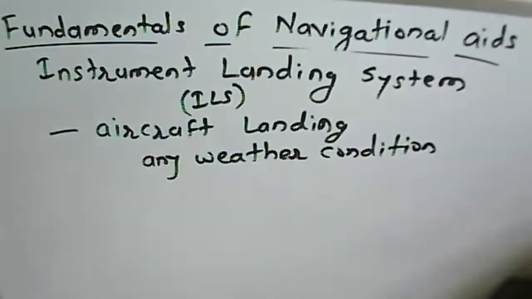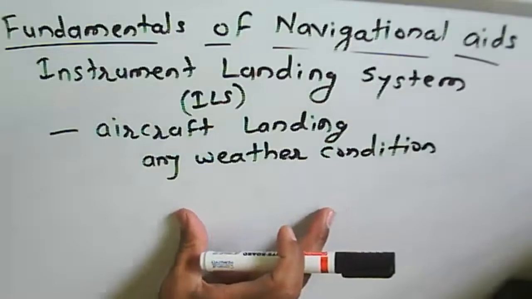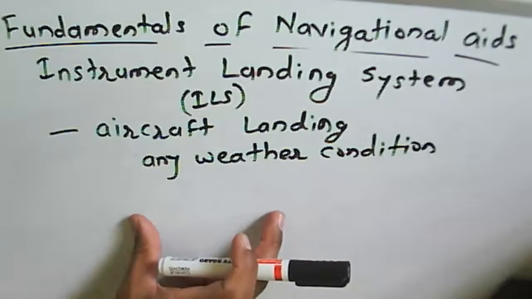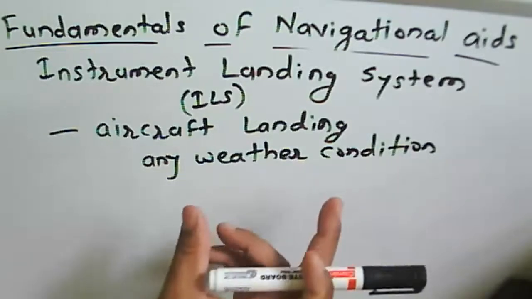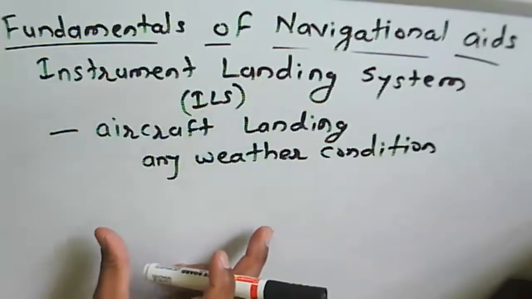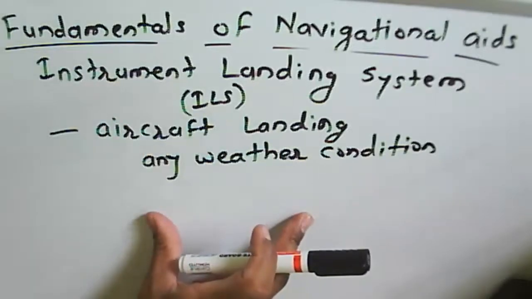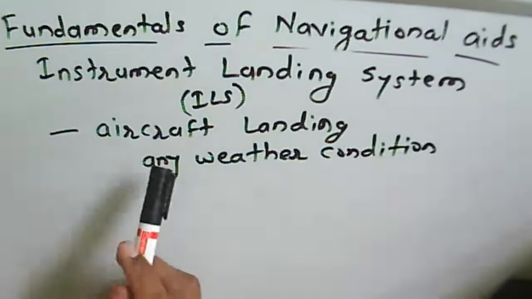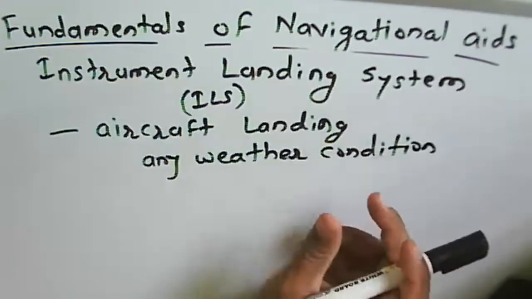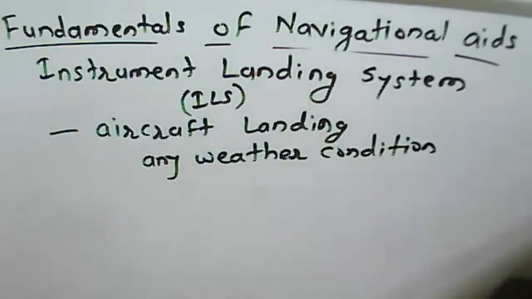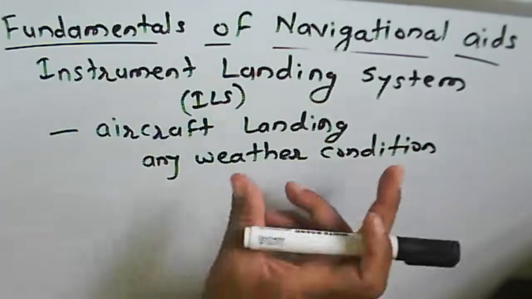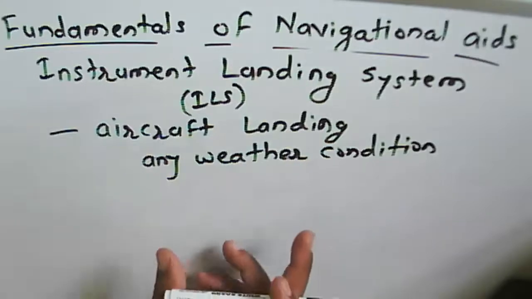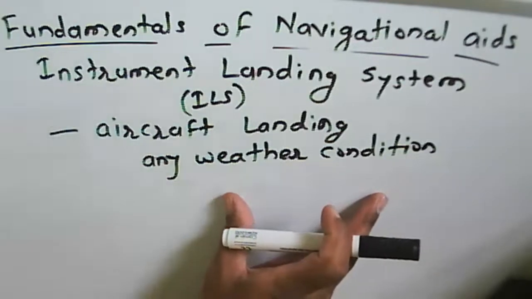If the visibility is low because of heavy rain, the aircraft is not able to see where the runway is. The landing system will provide you the knowledge of the landing. So the instrument landing system provides navigation for the pilot of an aircraft to land the aircraft on a runway, even if the weather condition is bad there.